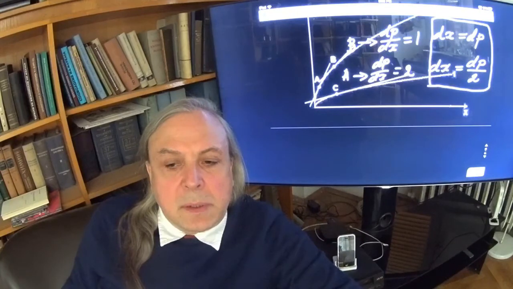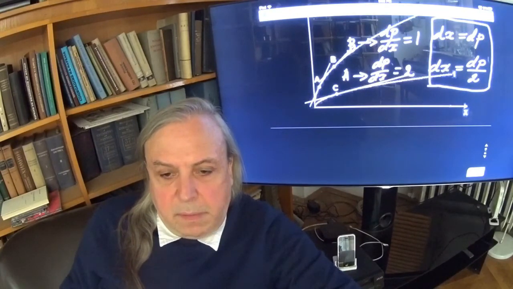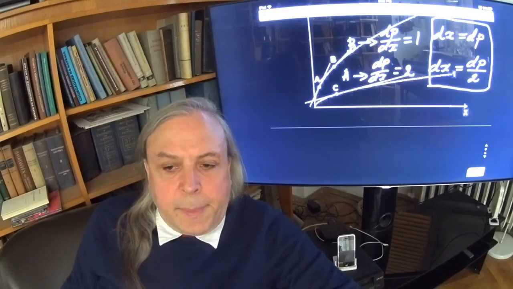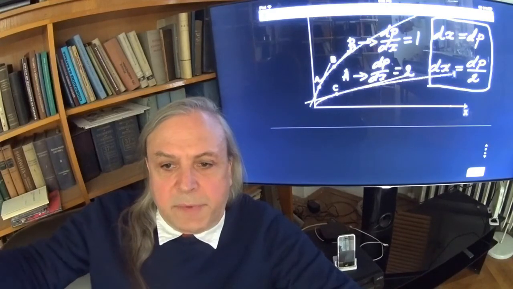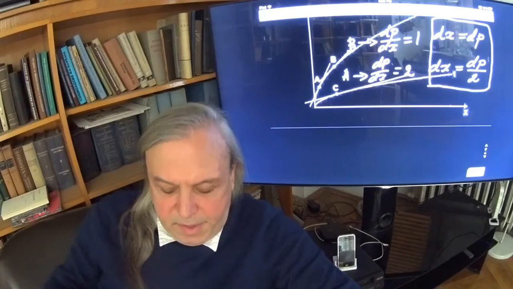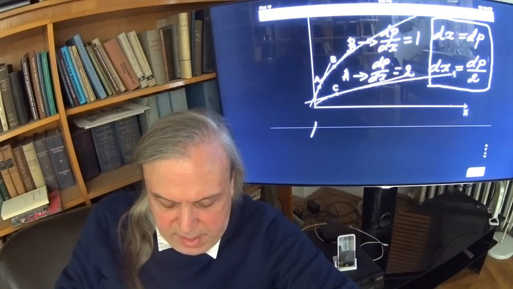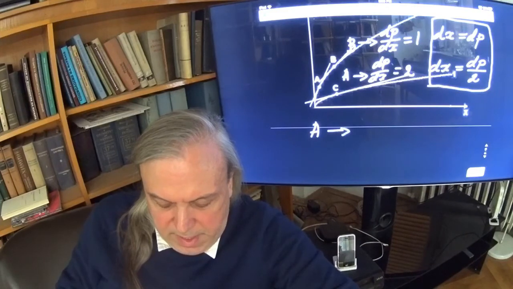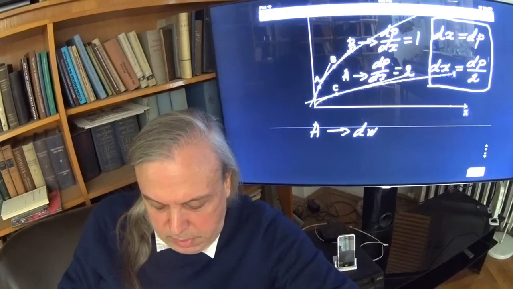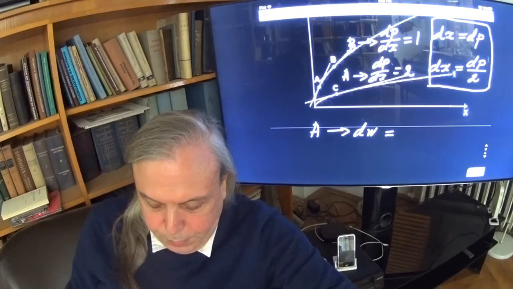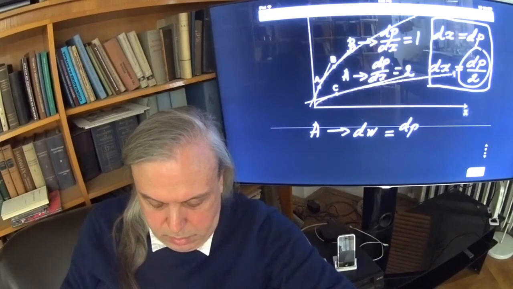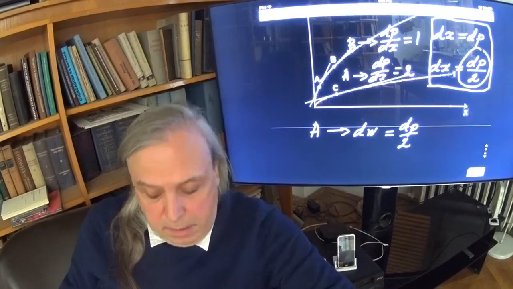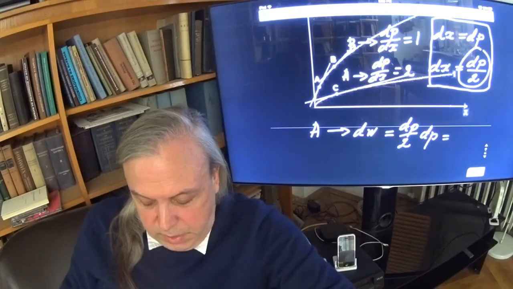From these values here, we can express the values of the action at these different points of the curve, these different areas, and what we get is that at point A, the action dW is equal to dx, which is dp over 2, times dp, which is dp squared over 2.